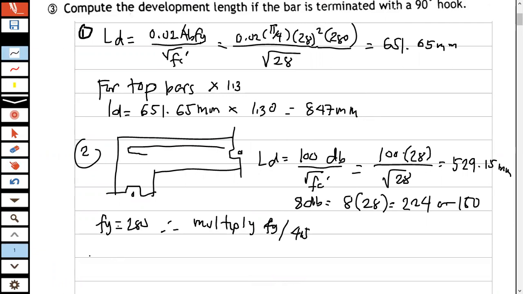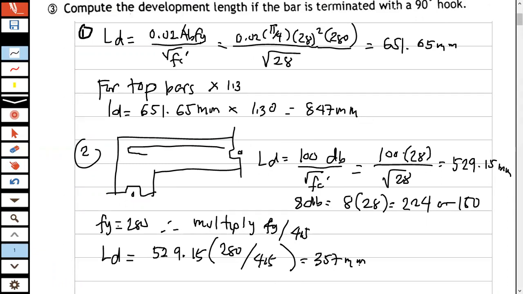So LD now is equal to 529.15 multiply by 280 divide 415. Okay, then we have 357 millimeter.